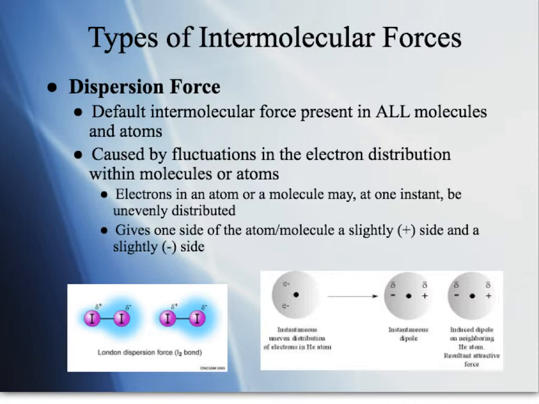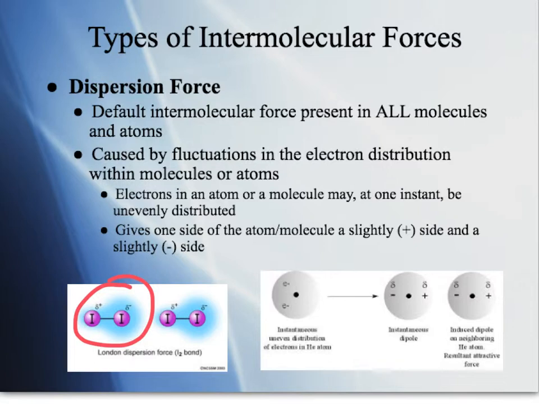This dispersion force is caused by fluctuations in the electron distribution within molecules or atoms. The electrons in an atom or molecule may at any one instant be unevenly distributed. Say you're looking at this electron cloud for iodine atoms. There are two atoms here.